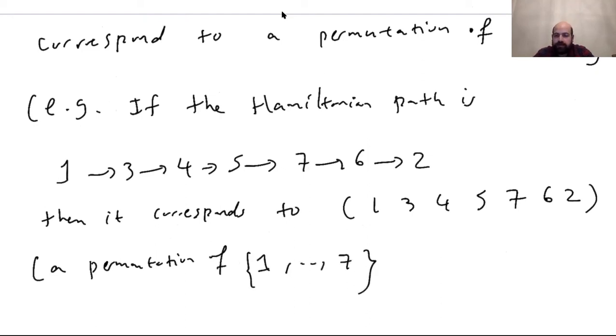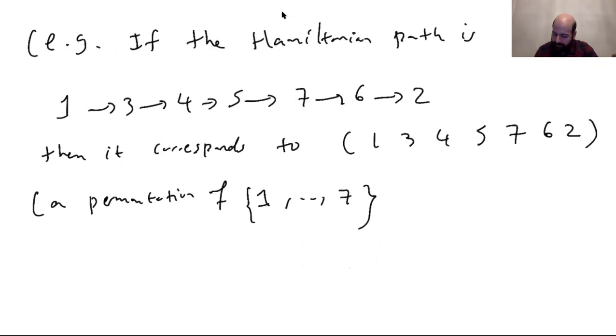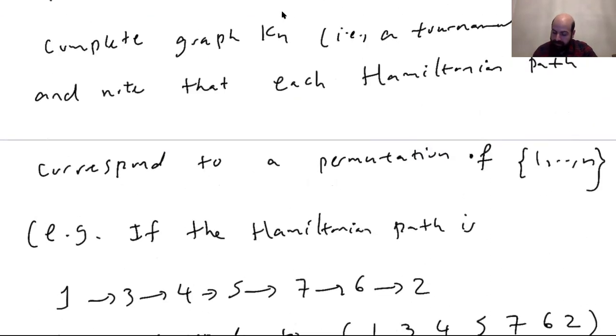This is a permutation of 1 to 7, right? Where 1 goes to 3, 3 goes to 4, 4 goes to 5, 5 goes to 7, 7 goes to 6, 6 goes to 2, and 2 goes to 1. This is a permutation by the definition of permutation. So we established that each Hamiltonian path corresponds to a permutation of 1 to n.